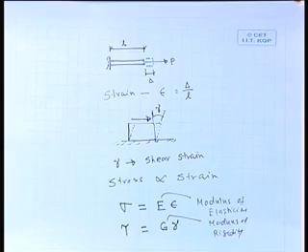Right. So, they are basically the property of the material. If it is steel, it will have some value. If it is aluminum, it will have some other value. So, it is absolutely an inherent property of the material.